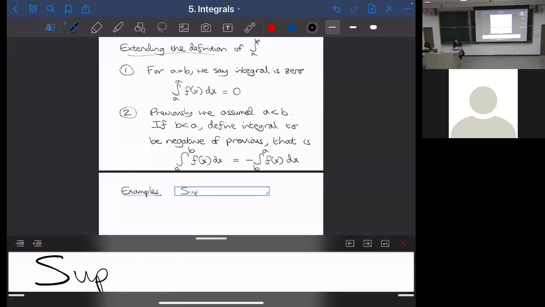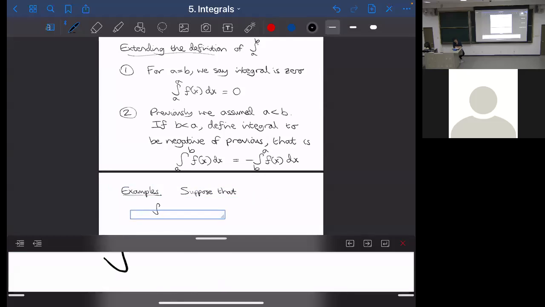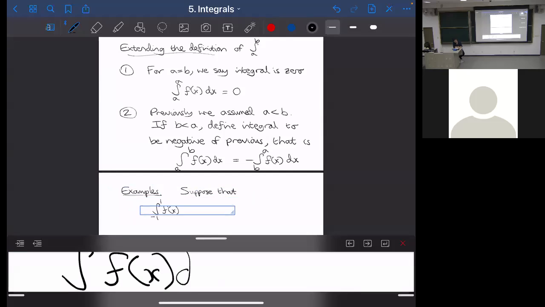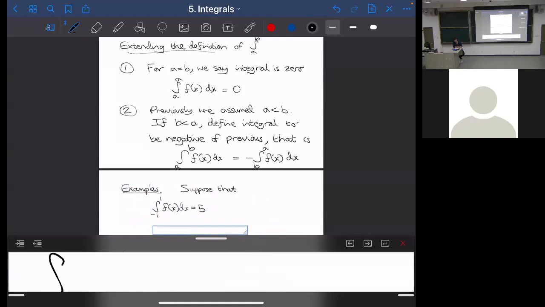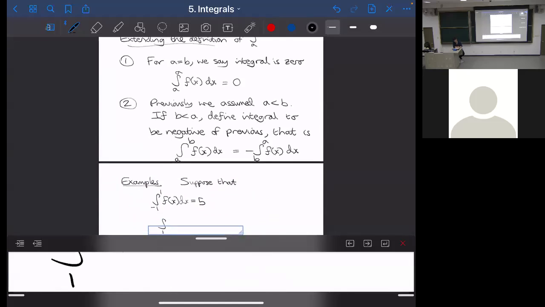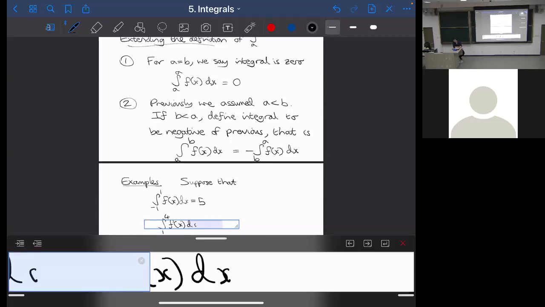Examples. Suppose that I know that the integral from -1 to 1 of f(x) dx is 5, and that the integral from 1 to 4 of f(x) dx is -2.